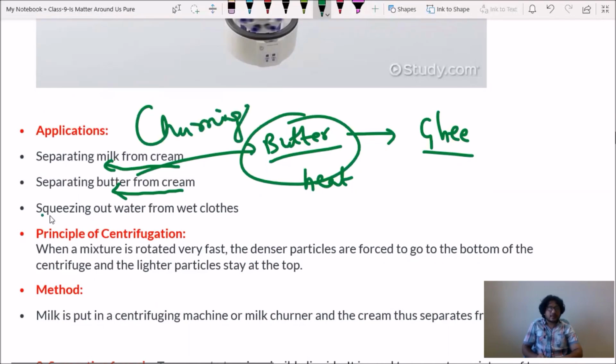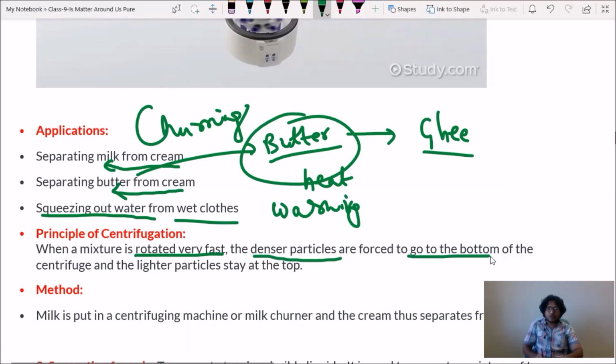Next, squeezing out water from wet clothes in a washing machine. This centrifuge is used. What is the principle behind centrifugation? It is quite simple. When a mixture is rotated very fast, the denser particles are forced to go to the bottom and lighter particles stay at the top.